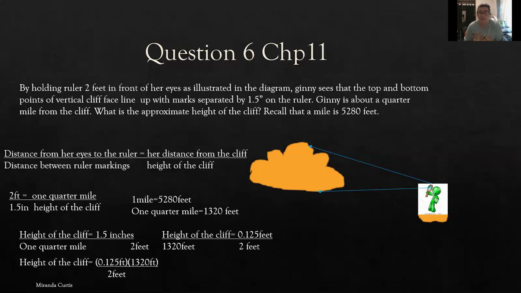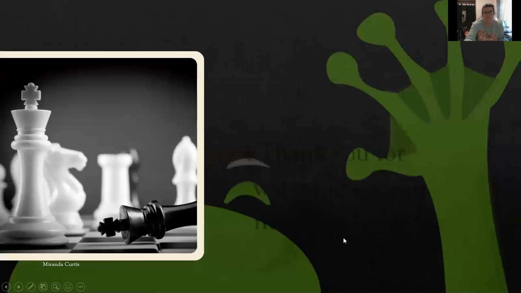Okay, now we have to come together and we're going to multiply by 1,320 feet on both sides. So when we do that, we have 0.125 feet times 1,320 feet over 2 feet, and the height of the cliff is 165 feet. I know that looks like a whole bunch, but once you follow the steps, one step at a time, you really do make it easier.